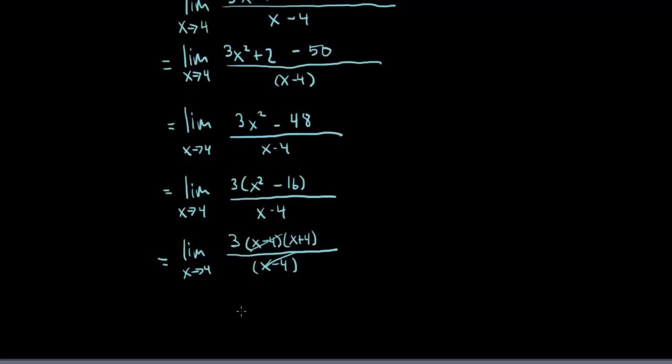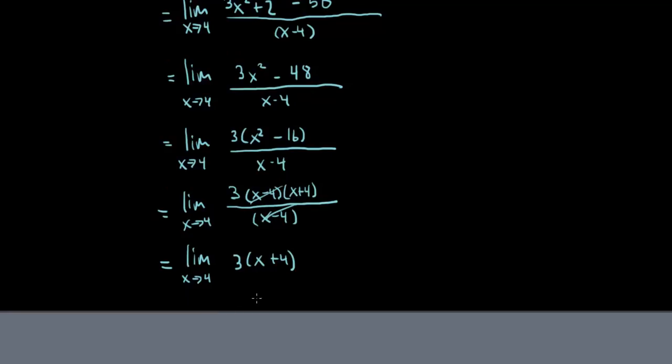Now, let's see what happens. We have the limit as x approaches 4 of 3 times x plus 4 is what's left over.